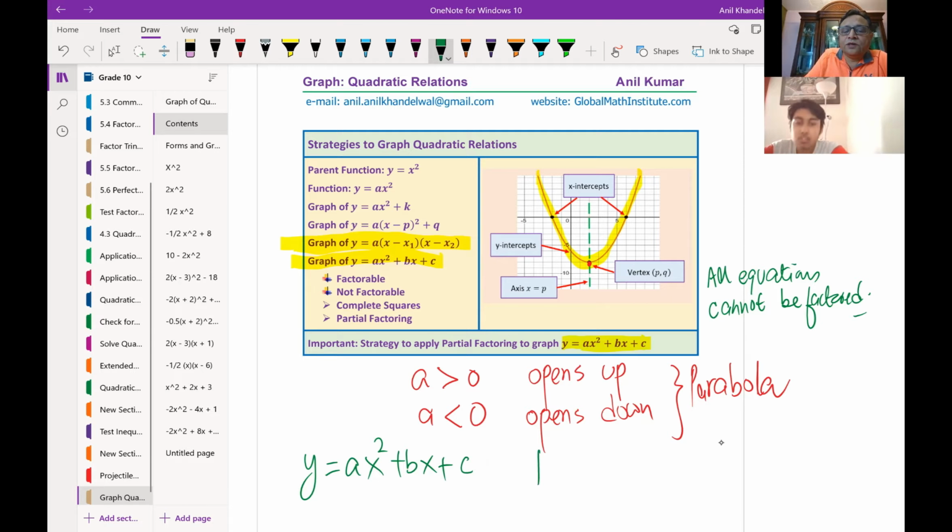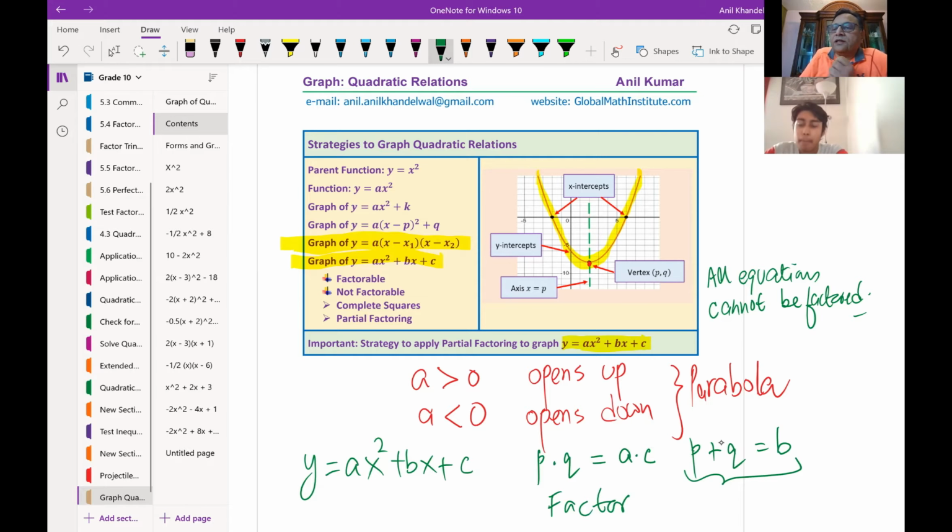So we're looking for two numbers p and q, whose product is a times c, and the sum of p and q is b. Okay, so m times n equals a multiplied by c, and m plus n is equal to b, sir. Yeah. So once we get that, then we are going to use this property and then we're going to factor. Is that okay?